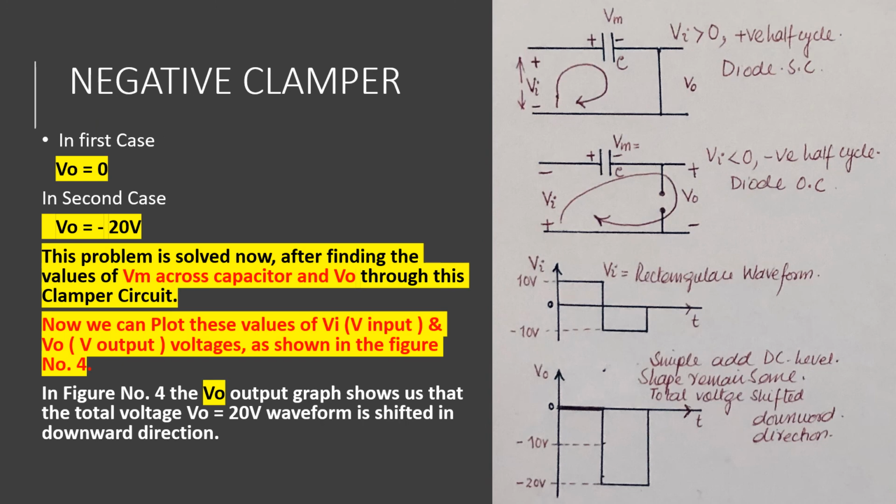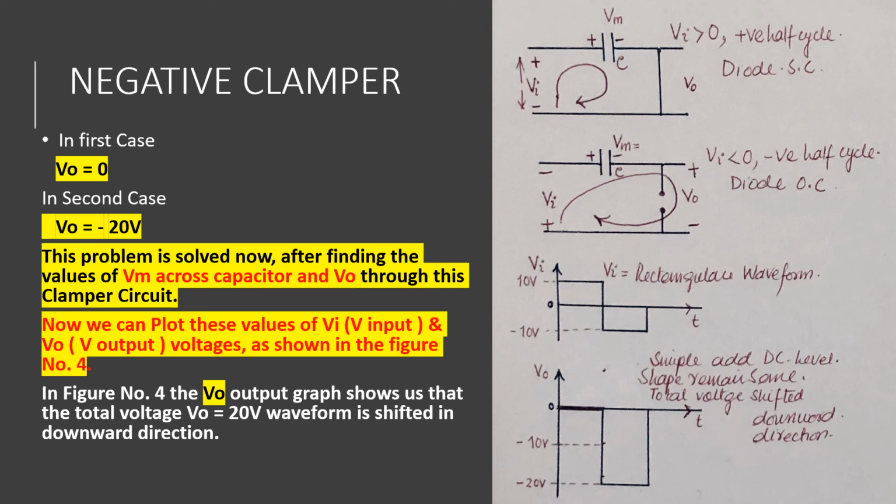Now in case number 1, Vout is equal to 0, and in case number 2 we found Vout is equal to minus 20 volts. This problem is solved now after finding the values of Vm across the capacitor and Vout through this clamper circuit.